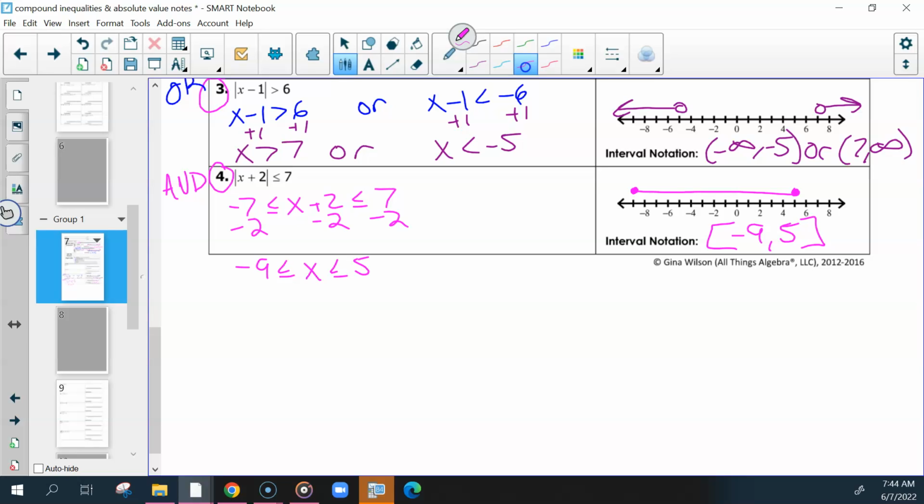So with these, you don't have to worry about one being a parenthesis and the other being a bracket unless it goes to infinity or -infinity. They'll either both be parentheses or both be brackets. Do we have any questions on that?